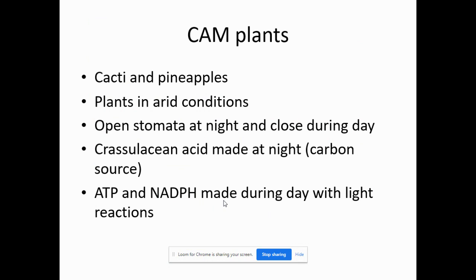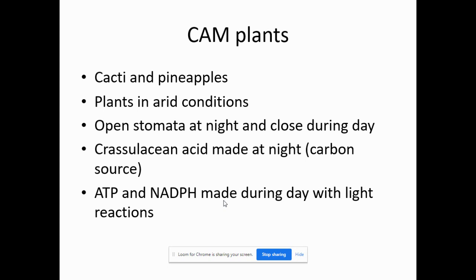And then finally, you have CAM plants. CAM plants are really adapted to dry conditions. A lot of desert plants are CAM plants, very arid conditions. What they do is open their stomata at night and close them during the hottest parts of the day.